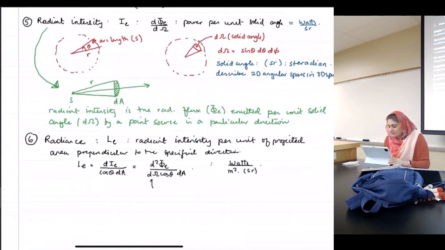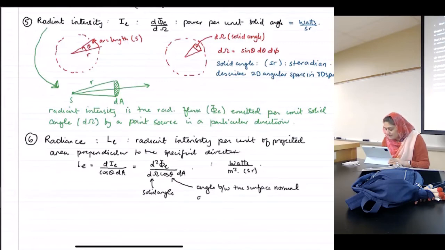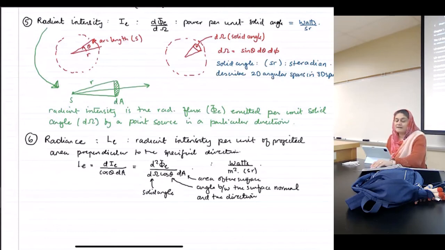Where this, remember, is the solid angle, this angle, theta, is the angle between the surface normal and the direction. dA is the area of the surface that things are being irradiated on.